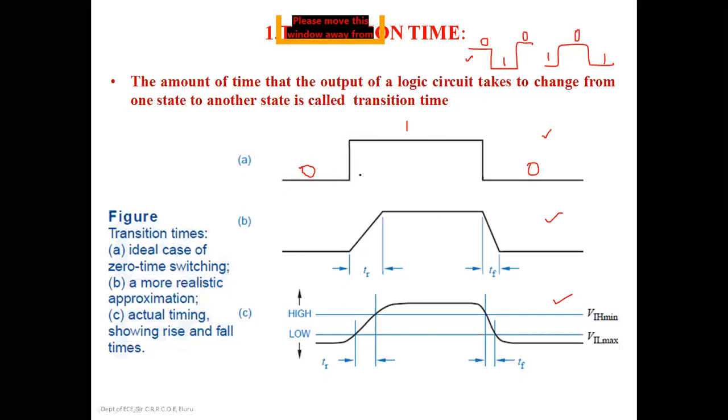So it changes its state instantaneously at the output. The ideal case is with respect to 0 switching time. We assume that the switching time is 0, and if you see the output in such a case, it will look like this.